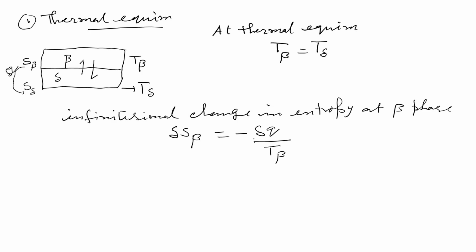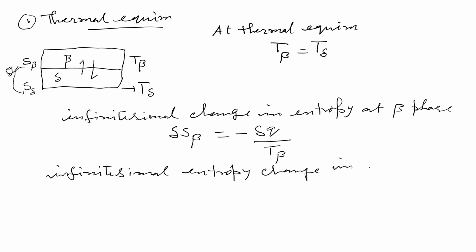Okay, heat released by this phase, so minus del Q by T beta. Right? Now the infinitesimal entropy change in delta phase, then what?